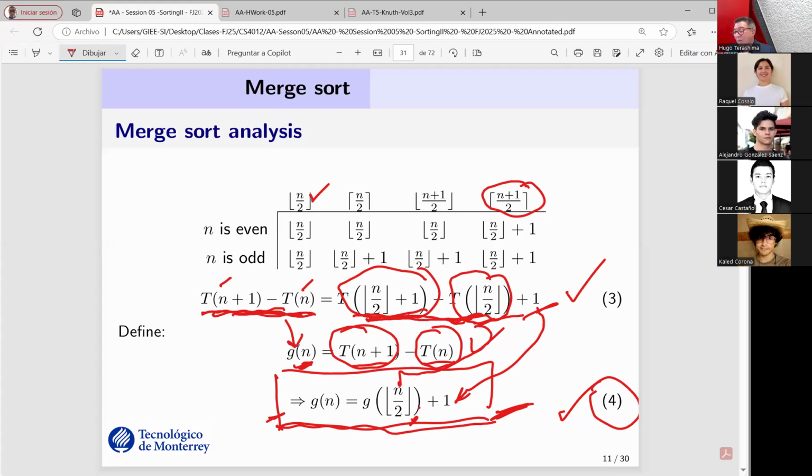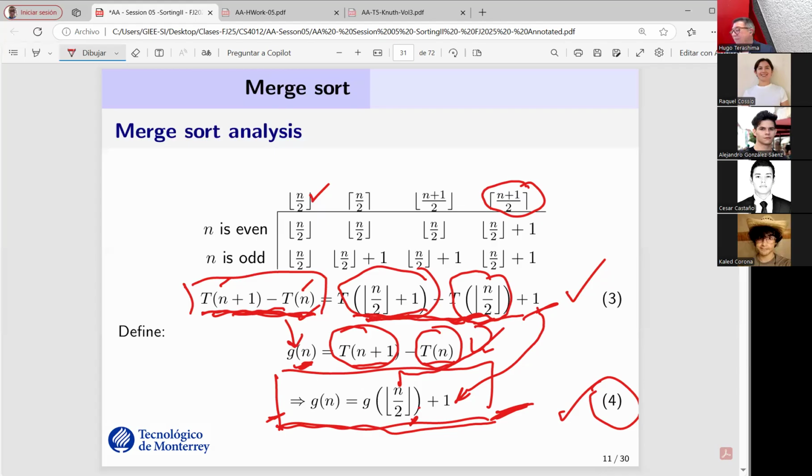Okay. And you're right, we are still manipulating the difference here. But remember, what we want to get is t of n, right? We are using this subtraction because we know that the two recurrences have similar elements that I want to discard, and then I just keep the ones that I need in order to get what we want.